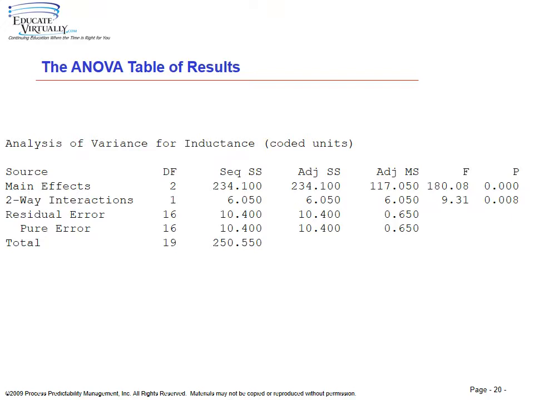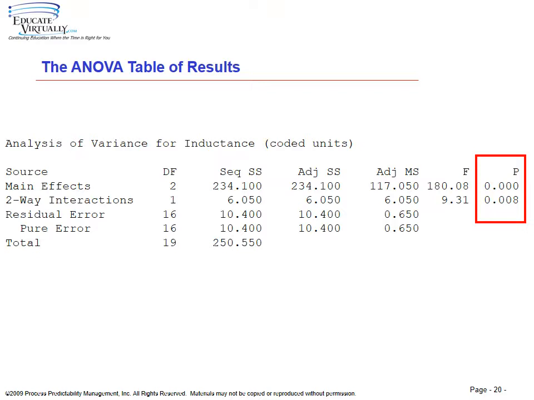Here we have our ANOVA table of the results from our design experiment. This can be found in the session window in Minitab. Notice that our ANOVA table, our analysis of variance, has our sources, our degrees of freedom, our sum of squares, our mean square, our F statistics or F ratio, and our p-values. When we take a look at the p-values, we can see that our main effects have a very, very small p-value.